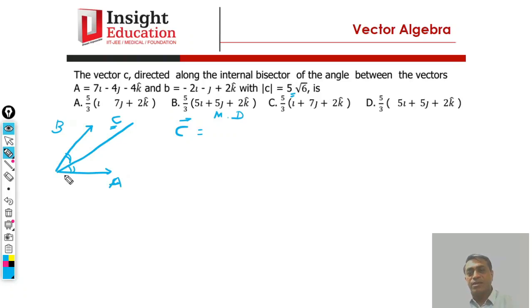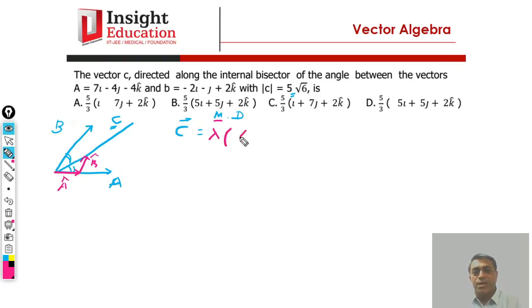The direction is the internal bisector, so that is A plus B. Instead of A and B, I can consider the unit vectors along A and B, so A cap plus B cap. That is the direction. The magnitude we don't know exactly, so assume lambda, a scalar, into the unit vector.